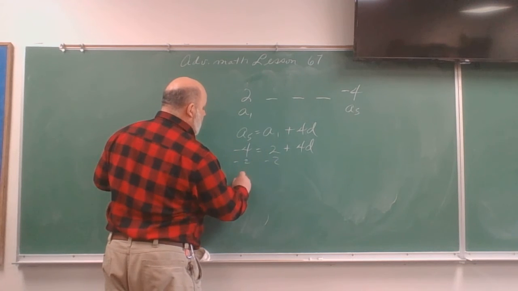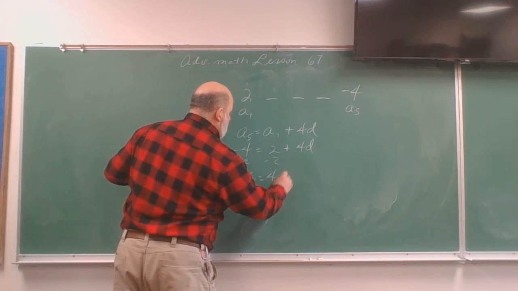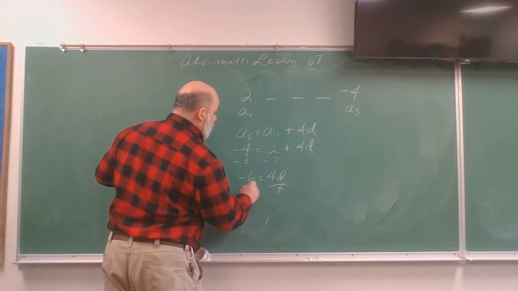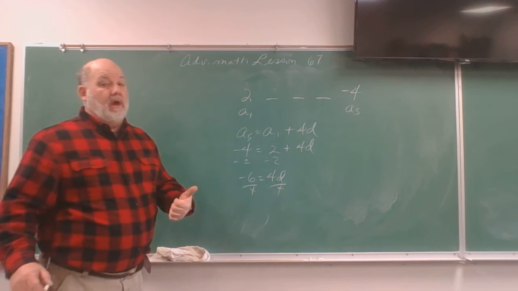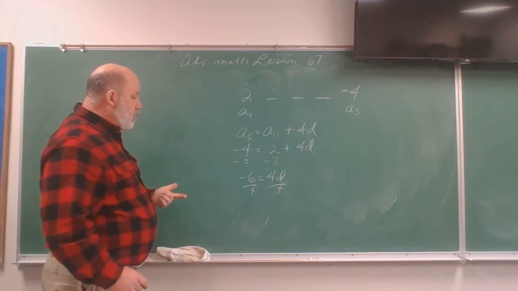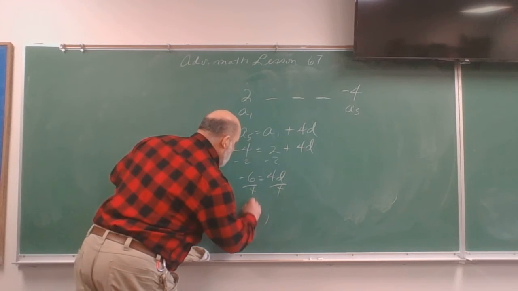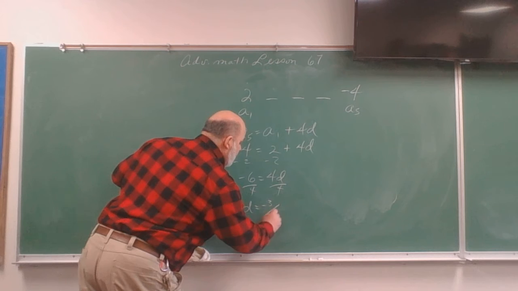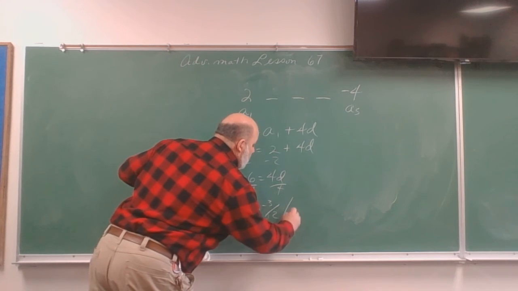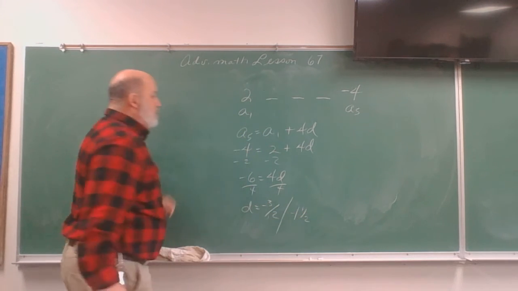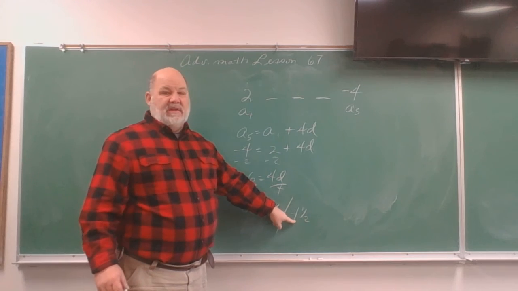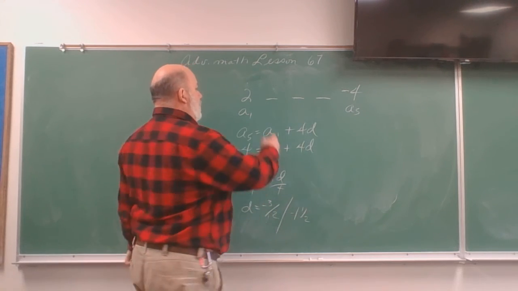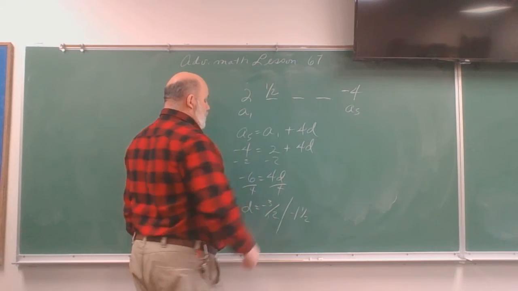This is not going to be as nice as the others, where we came up with a common difference of 1, and we came up with a common difference of negative 2. This gives us a common difference of negative 3/2, which we could call negative 1.5 if you wish to. What is 2 minus 1.5? Well, that's 1/2.